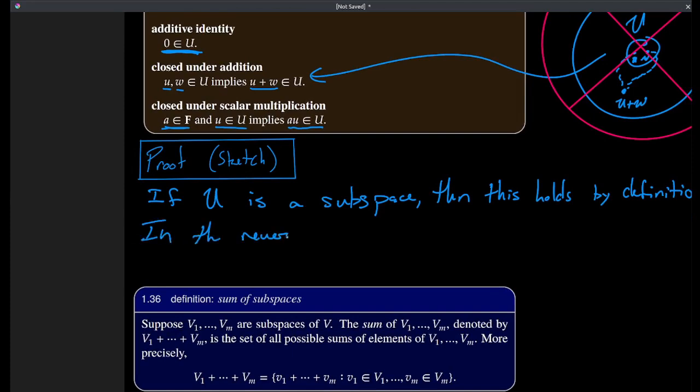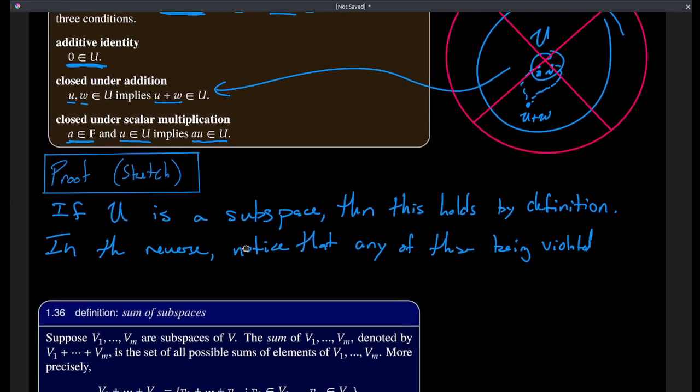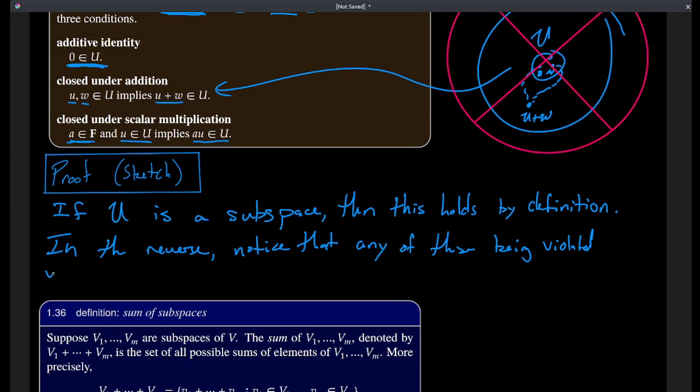In the reverse, I will say it in the shortest and easiest possible way. Notice that any of these being violated would prevent U from being a subspace.